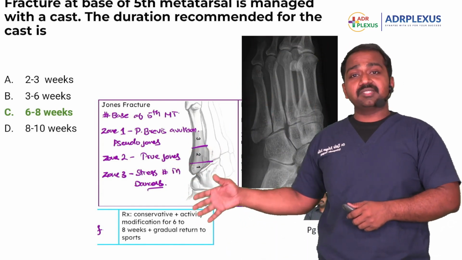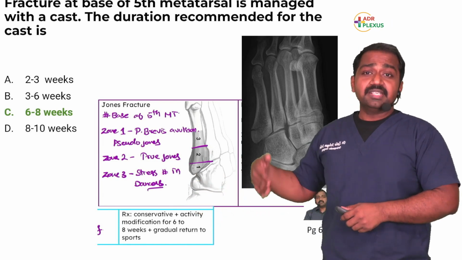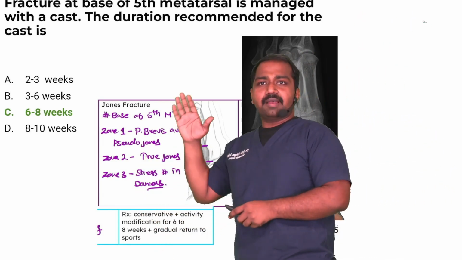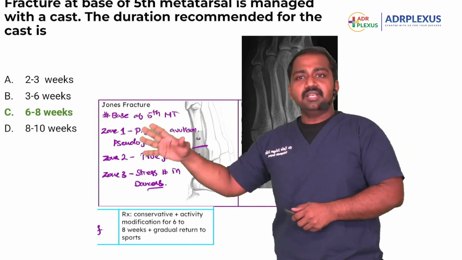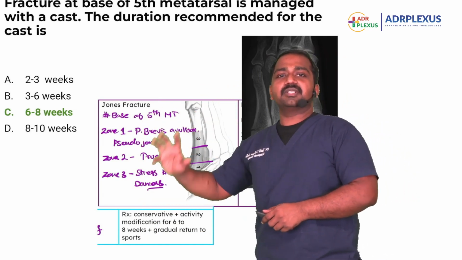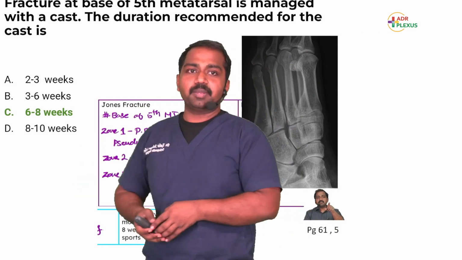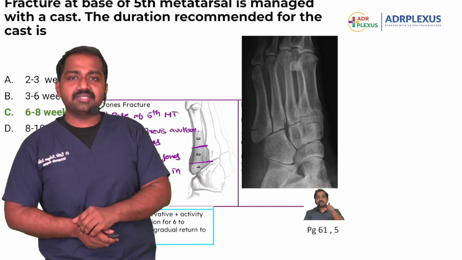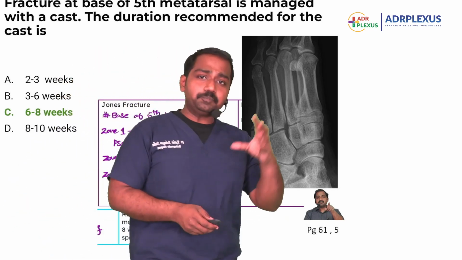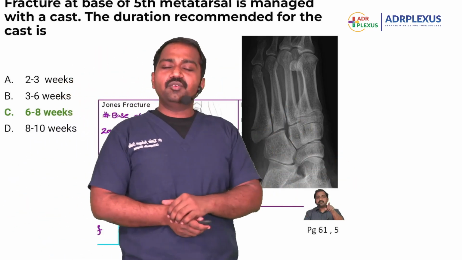So that was discussed separately when we were discussing stress fracture. Although I haven't discussed exactly the words 6 to 8 weeks in Jones fracture, we have discussed stress fracture as a separate topic in page number 5, where I have mentioned that 6 to 8 weeks of immobilization is needed for a metatarsal fracture.